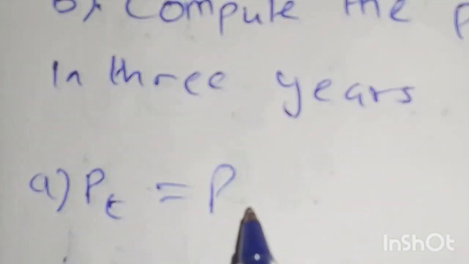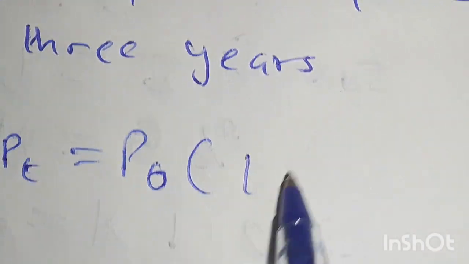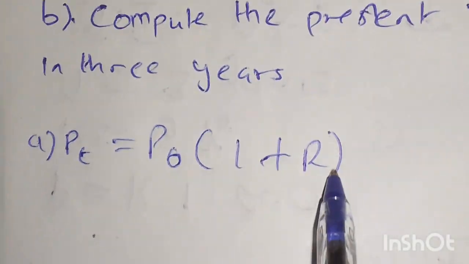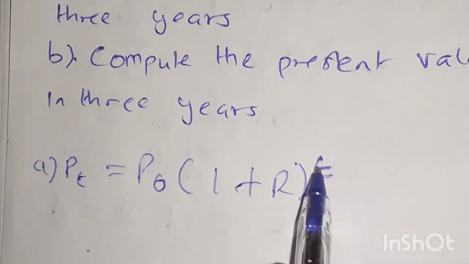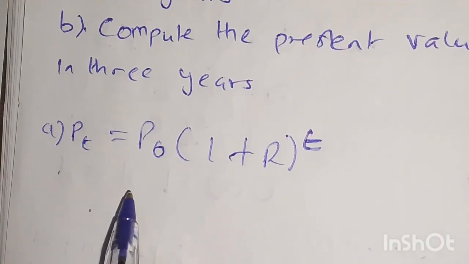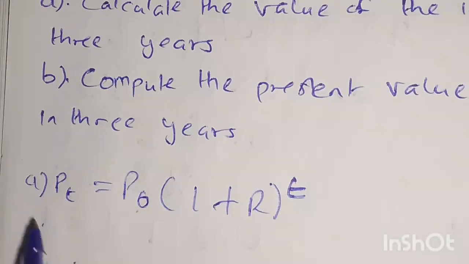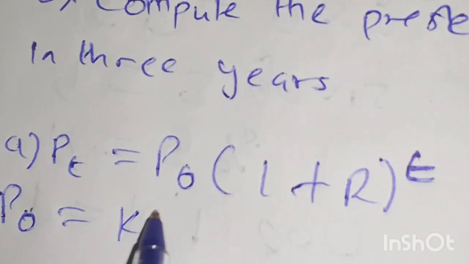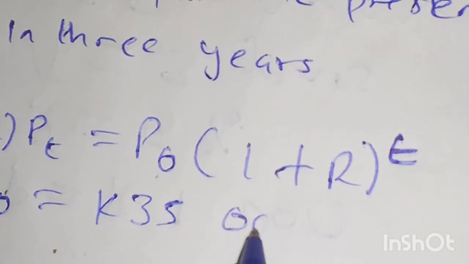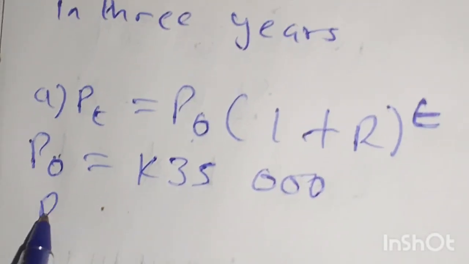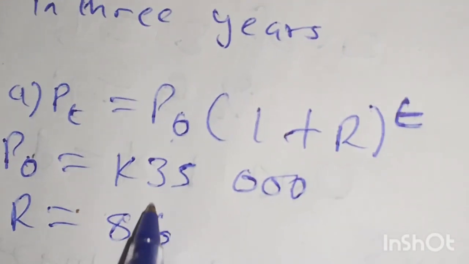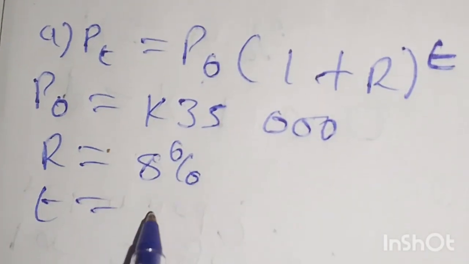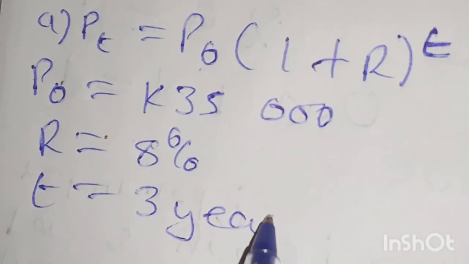PT is equal to P0 times 1 plus r to the power t. So our P0 is K35,000. Then our rate is equal to 8%. Then our t is equal to 3 years.